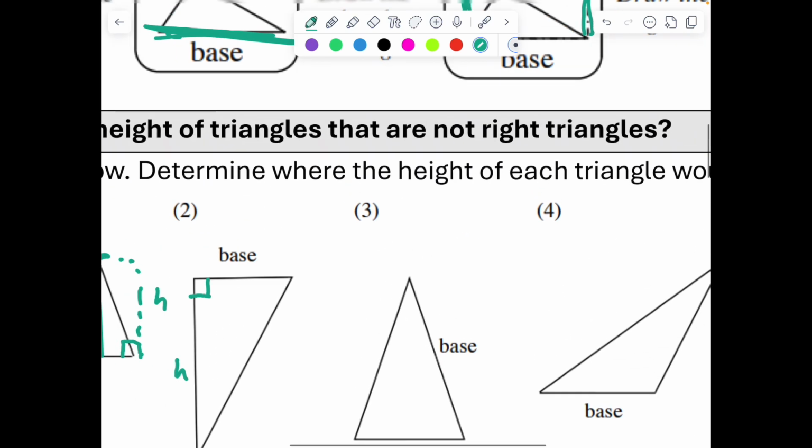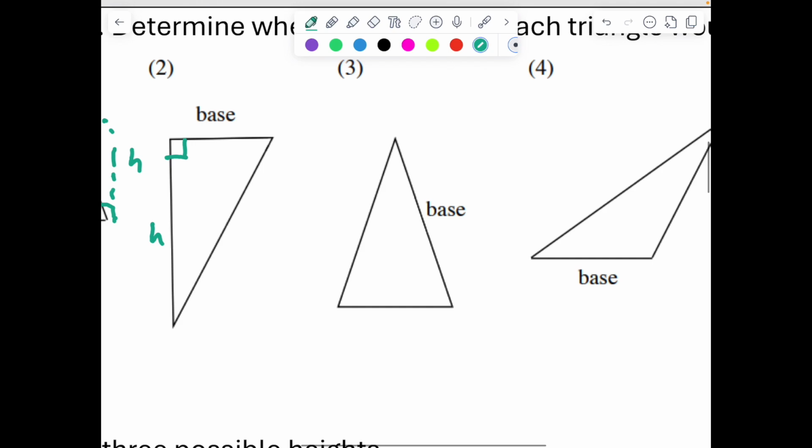If this is the base, okay, if we follow the recommendations and we rotate it, we could do that, or you could just move your paper sideways and we could draw a right angle. That's a little too big there. Maybe we could draw a line perpendicular to our base inside the triangle.